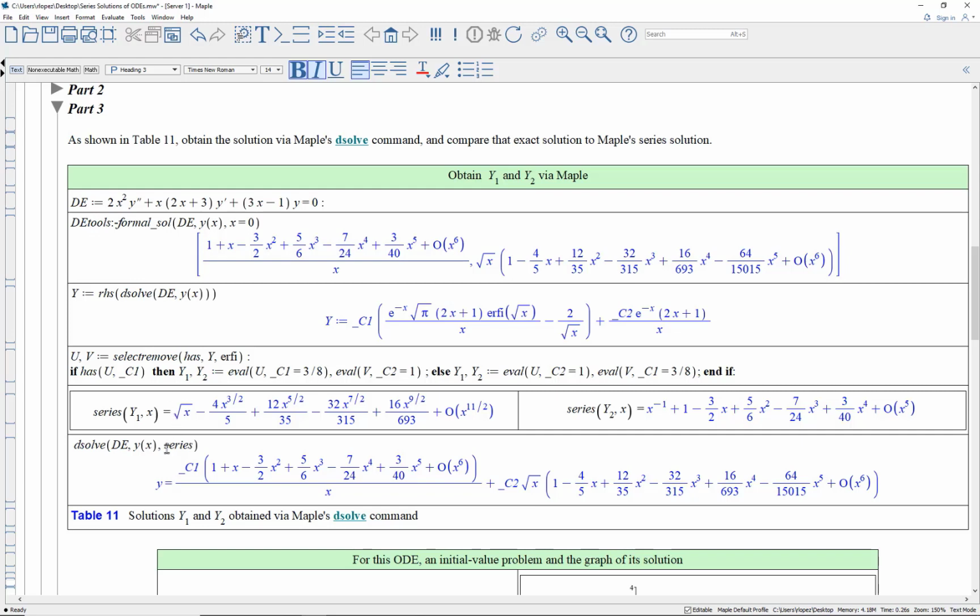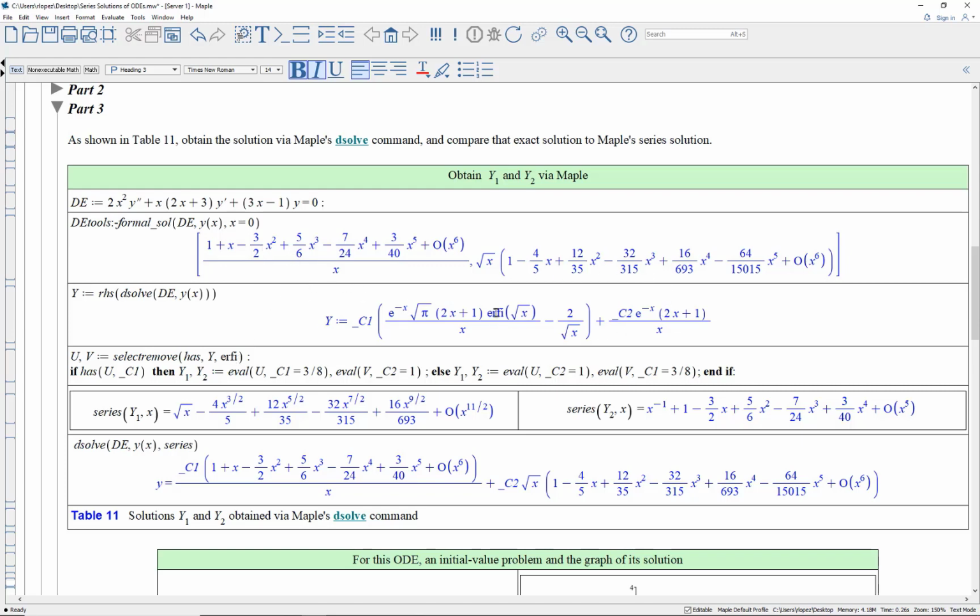It's the same as Maple's dsolve series, right? Dsolve series, this and this, basically the same. Series. Here's the square root out front. Here's the 1 over x.